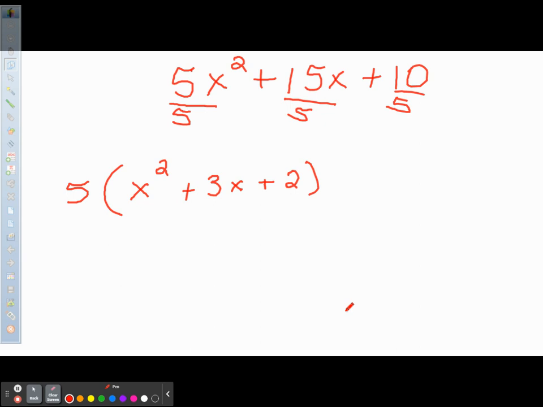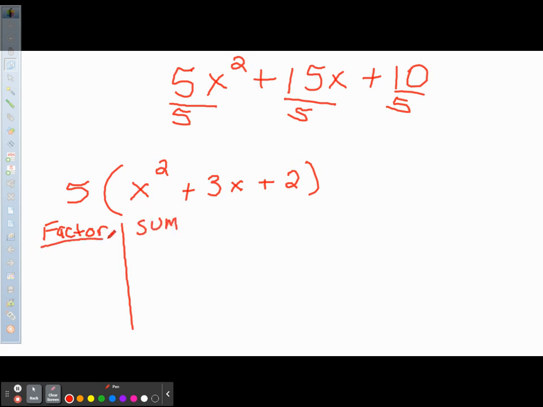Now you can always check your work by going back and distributing that 5. 5 times x squared is 5x squared, 5 times 3x is 15x, and 5 times 2 is 10. So I know I'm good. Now we're going to do what we did before, and we're going to factor what's inside here. So x squared plus 3x plus 2. So we're going to do factors of 2 that add up to 3, that have a sum of 3.